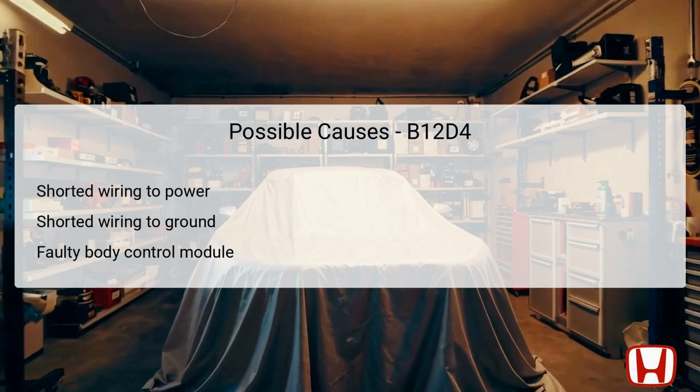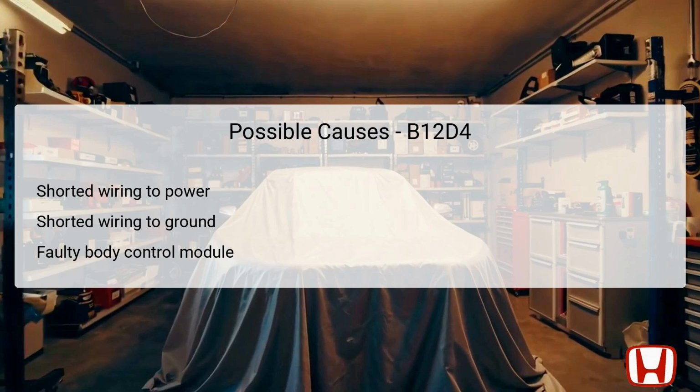The possible causes for the DTC B12D4 include several electrical issues. A shorted wire to power can occur if there's a breach in the insulation, causing an unintended connection to the power source. This can lead to excessive current in the circuit, which the system cannot handle.